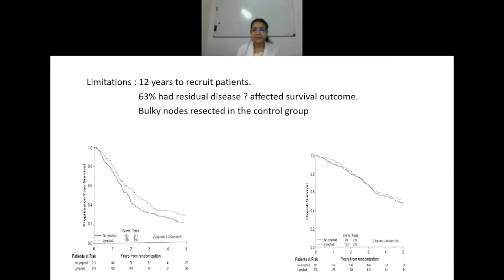So this diluted the study. And the discrepancy between progression-free survival and overall survival was also because the follow-up was short, and different adjuvant chemotherapies were used. Second-line chemotherapies used in the control group were different for different patients.